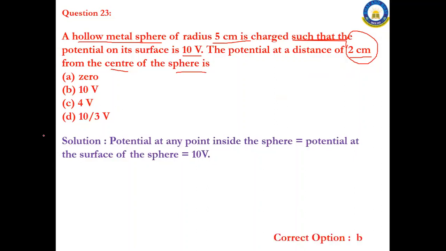So that is the correct option, option B. That is 10 volts, the same. 10 volts is the correct answer. Hope you have noted it. So I'll move on to the next question.